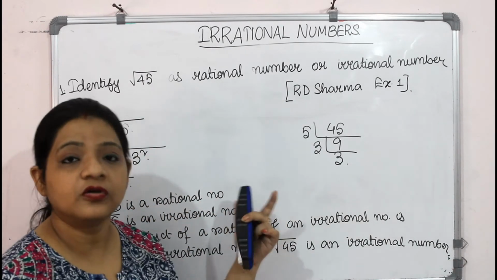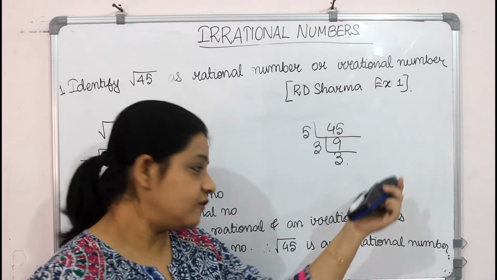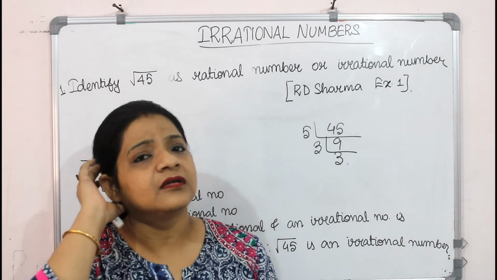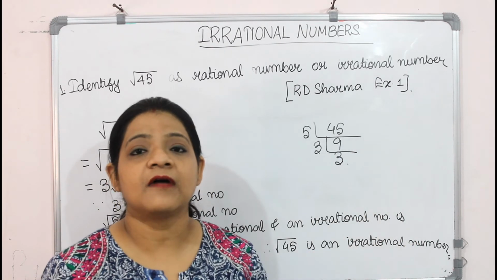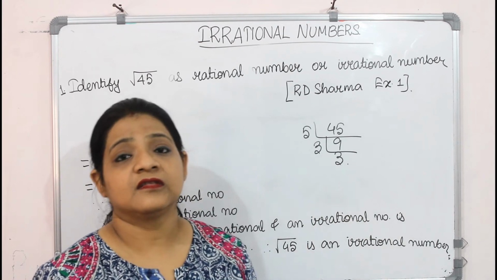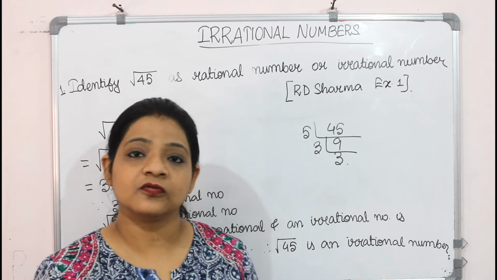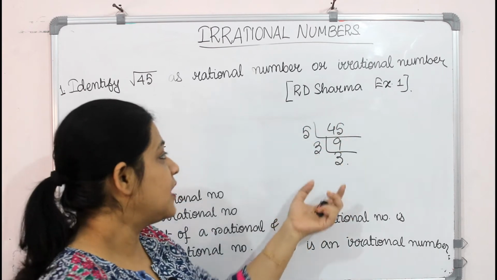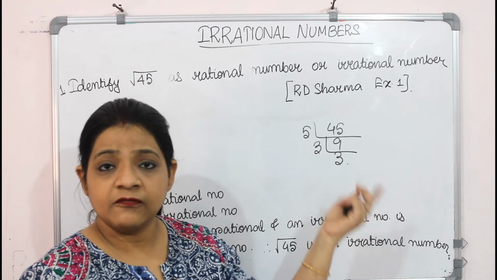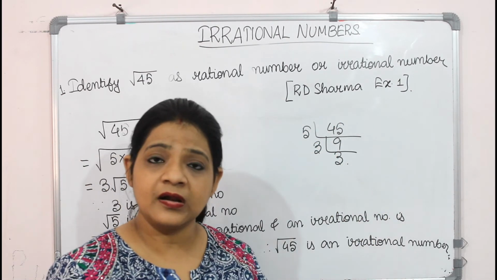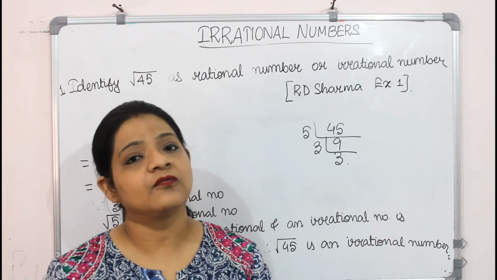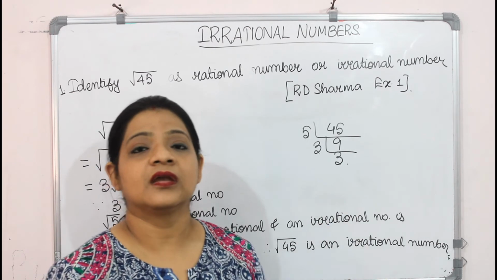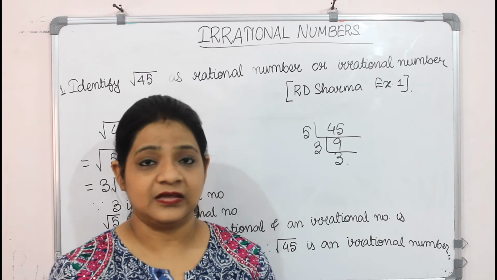If it comes for 2 marks, then you have to write all these things, and it may also be asked as an MCQ whether root 45 is a rational or irrational number. If you can break it into factors and identify which is rational and which is irrational, you can give the correct answer very easily.